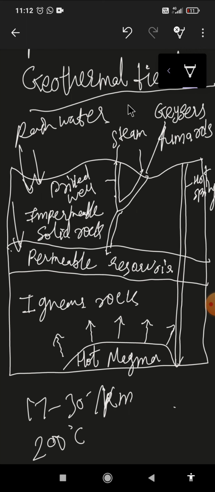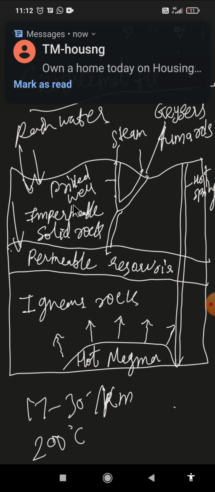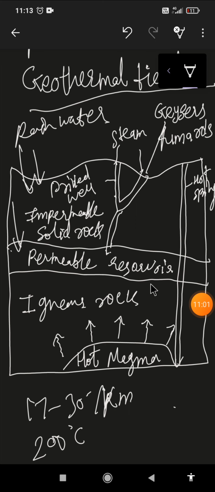A hydrothermal convective resource occurs where the earth's heat is carried upward by convective circulation of naturally occurring hot water or steam under pressure, at temperatures up to about 350 degrees Celsius.